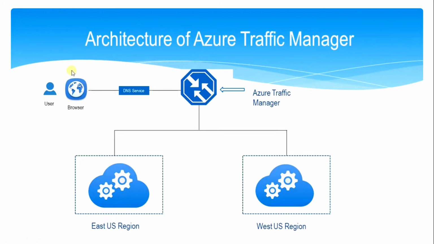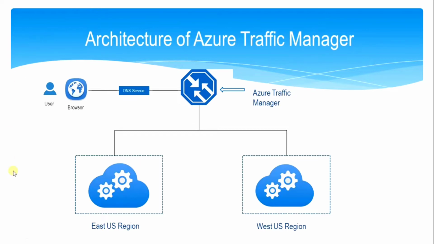The request coming from the user will first come to the DNS service, and from there it will go to Azure Traffic Manager. From Azure Traffic Manager, the request will be distributed to the service endpoints in the different regions based on the routing method that we have defined. This is the architecture of Azure Traffic Manager and how it works.